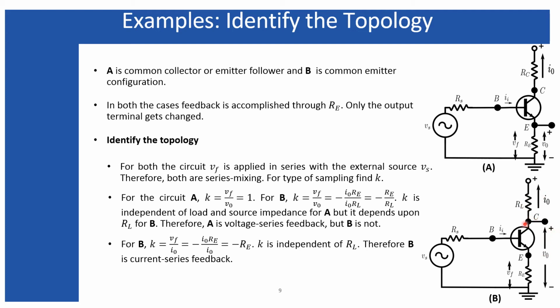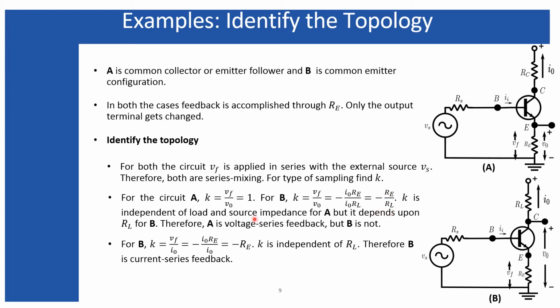So V naught is equal to I naught times RL, because for AC analysis, these DC voltages should be shorted to the ground terminal, and then V naught, the AC output voltage, will be taken across this RL. That is why V naught is written as I naught times RL. Finally, I naught gets cancelled, and the feedback factor appears as minus Re divided by RL.